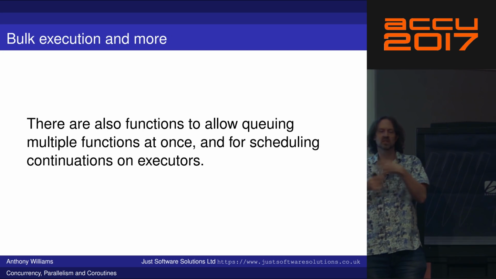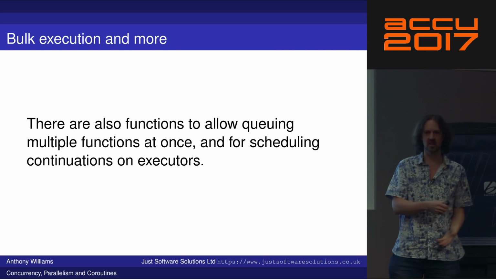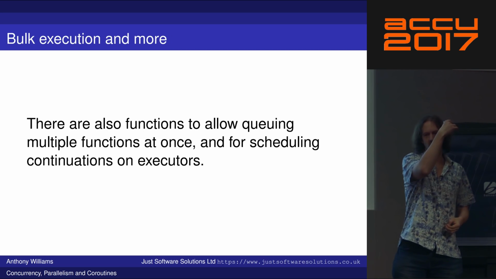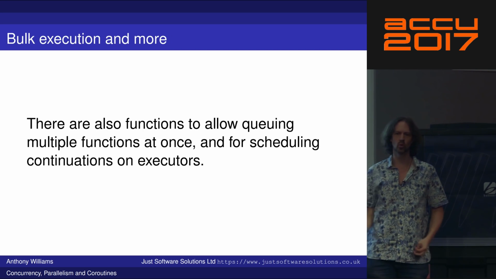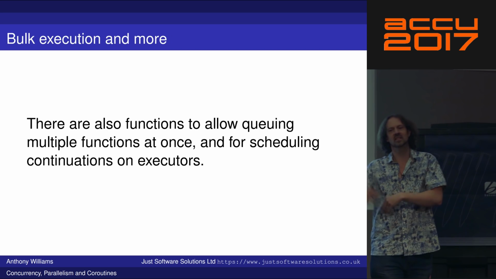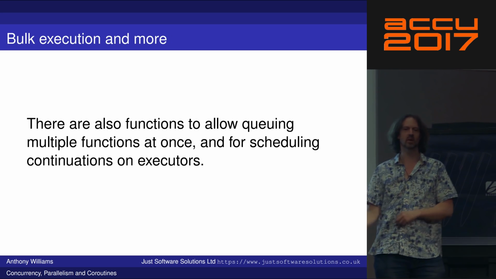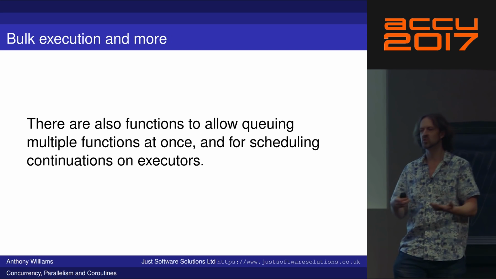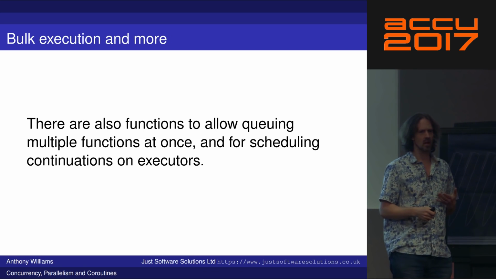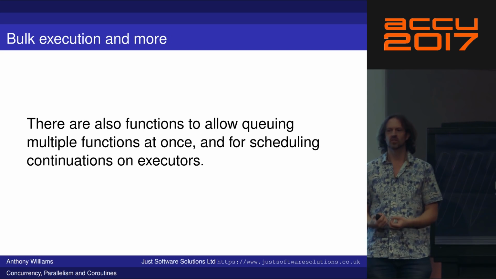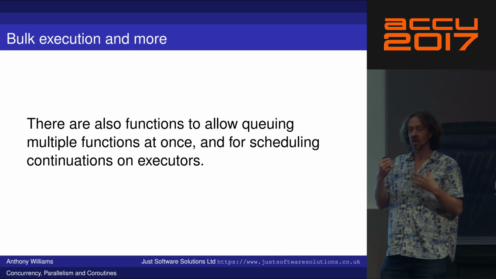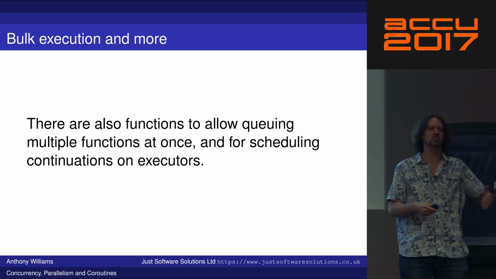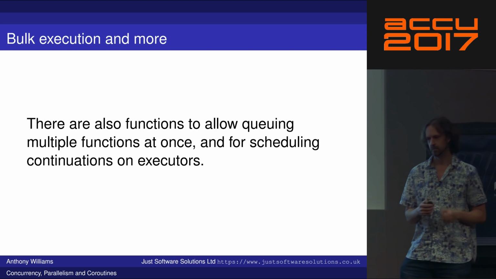Or there's a free function then which does the same. So with an executor and a future, and the function that you're wishing to call, when that future is ready, it will run that function as a continuation on the executor. So there's a whole bunch of additional functions there that allow for lots of customization for all the different possible use cases where you might want executors.